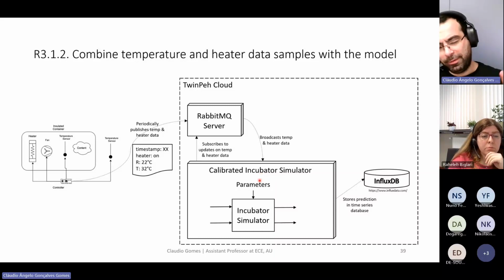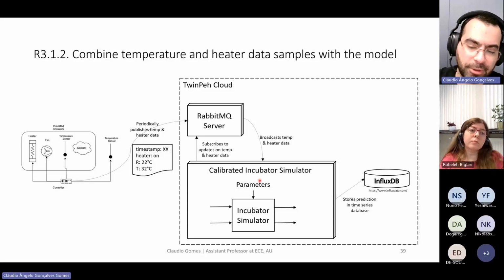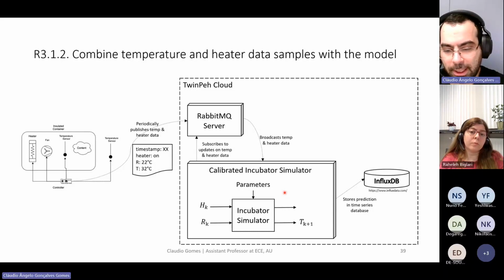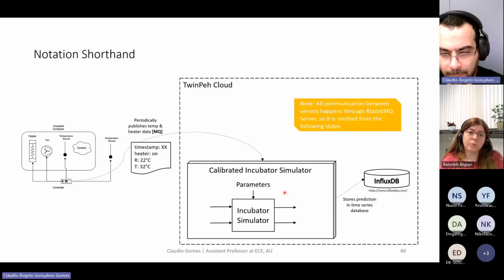I need to somehow find ways to combine that data into making my simulation more accurate, because my simulation will naturally diverge. It will drift because there are small errors that just accumulate in the simulator, and at some point my simulation would look very different from my real physical twin if I always ignore the data. So I need to combine the data. And that I do using a Kalman filter.